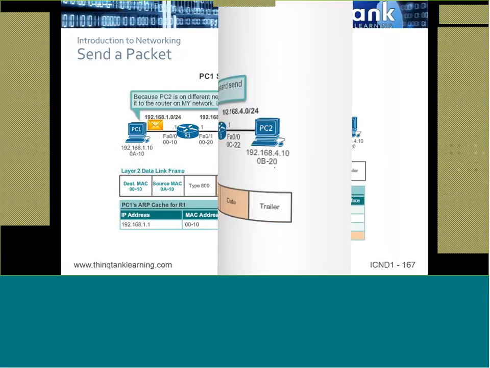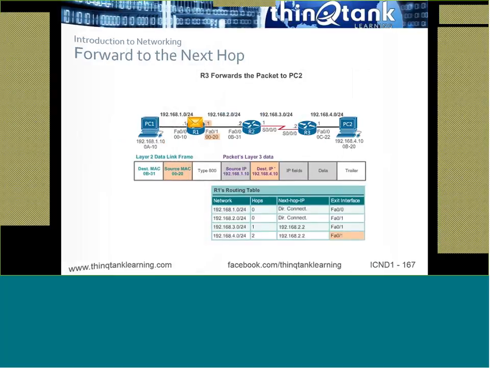That's what we see in the next slide. So now the frame has arrived at router 1, and it identified that the destination is 4.10. So it looks at its routing table and says, do I have a route for the 4.0 subnet?